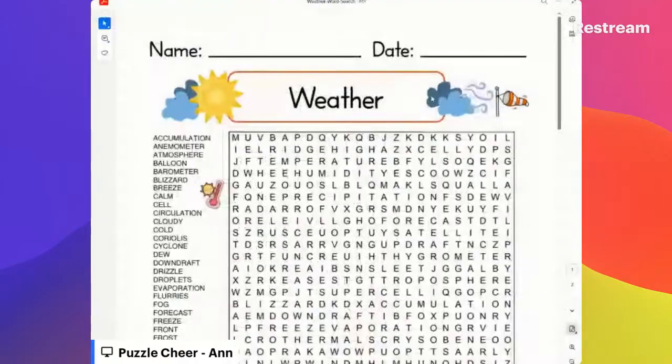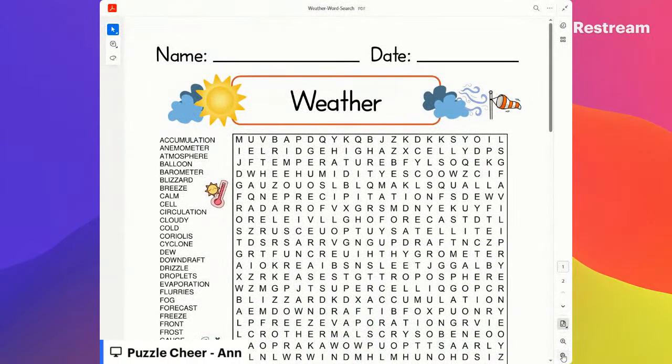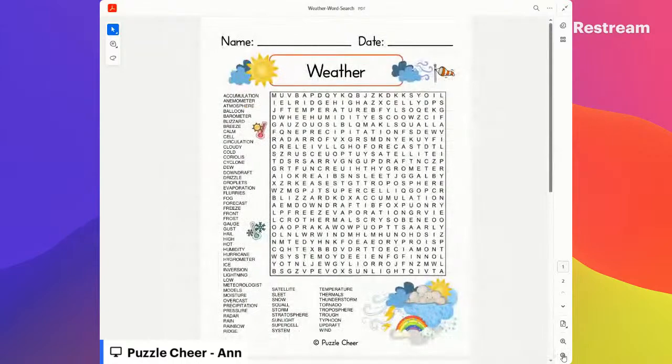All right, let's get the puzzle to be a little bigger. There we go. Fill our screen. And let's go over some of the words that we have today.